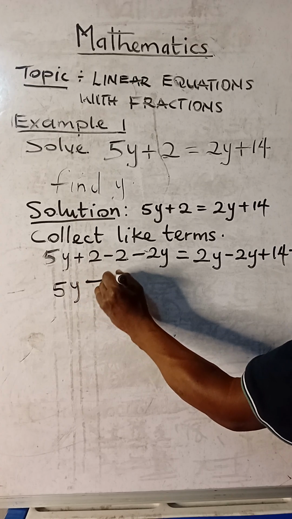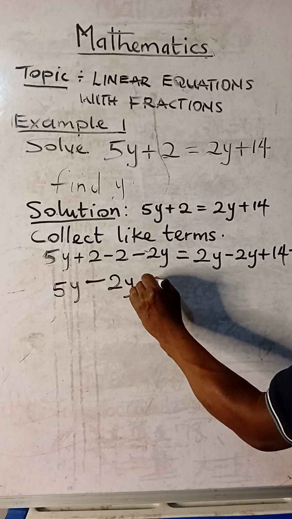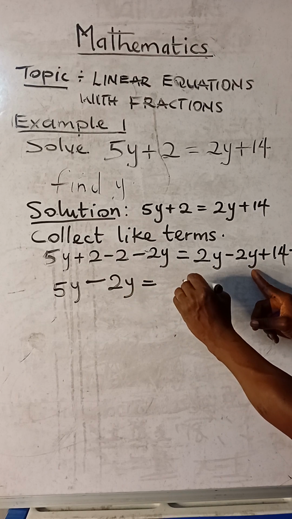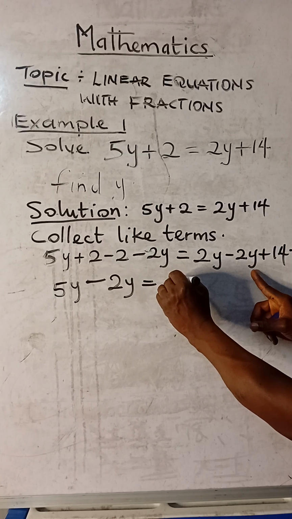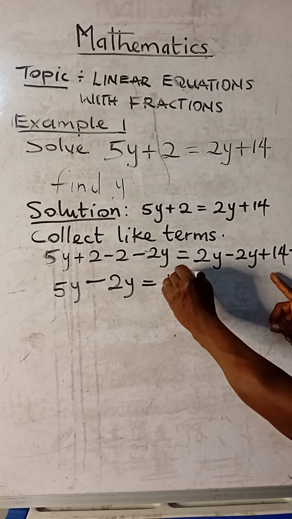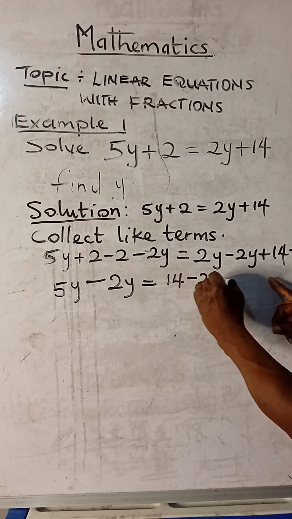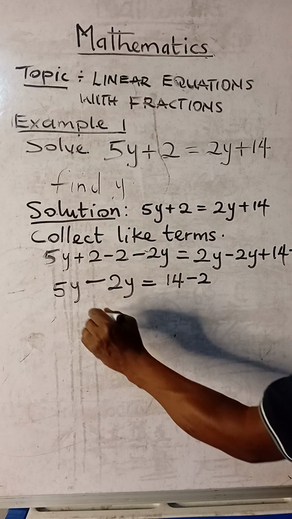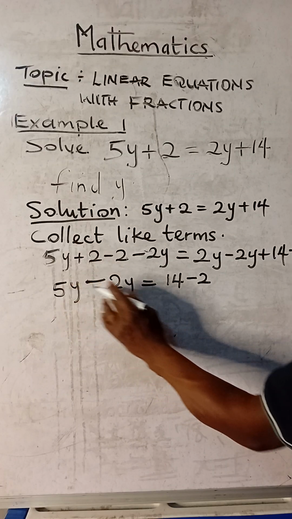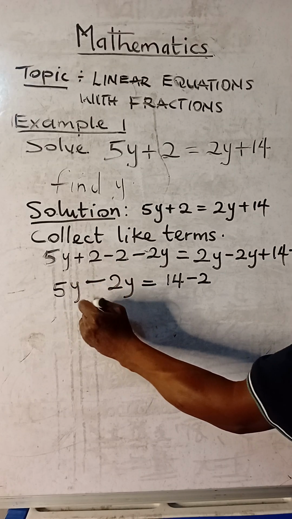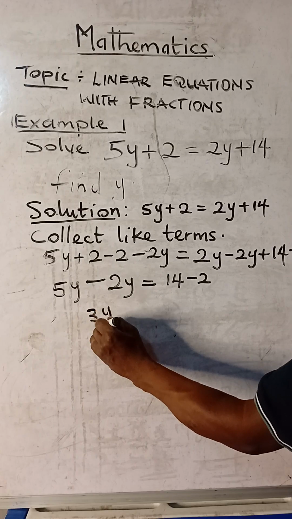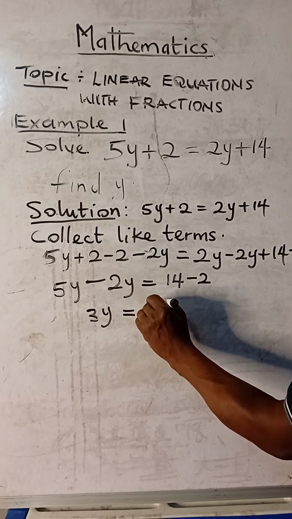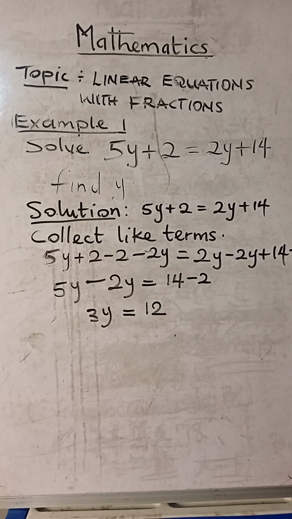That will leave us with 5y minus 2y equals, 2y minus 2y gives us 0. Then this becomes 14 minus 2. So from here we can solve and say that 5y minus 2y will give us 3y, and 14 minus 2 will give us 12 as a number.